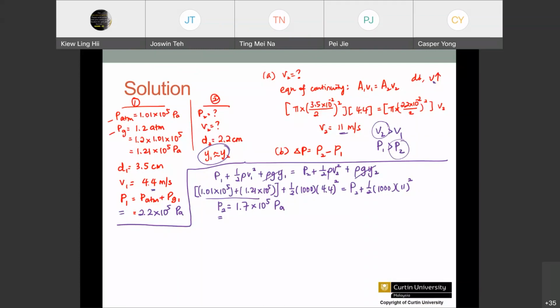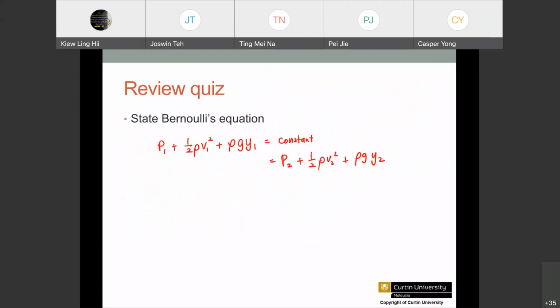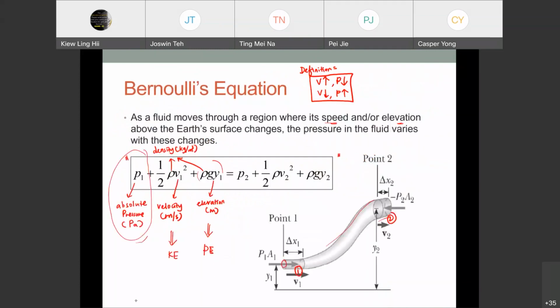Because P1 is absolute pressure, for the Bernoulli equation, remember your pressure P here must be absolute pressure. If you put in gauge pressure, then your whole equation is wrong.